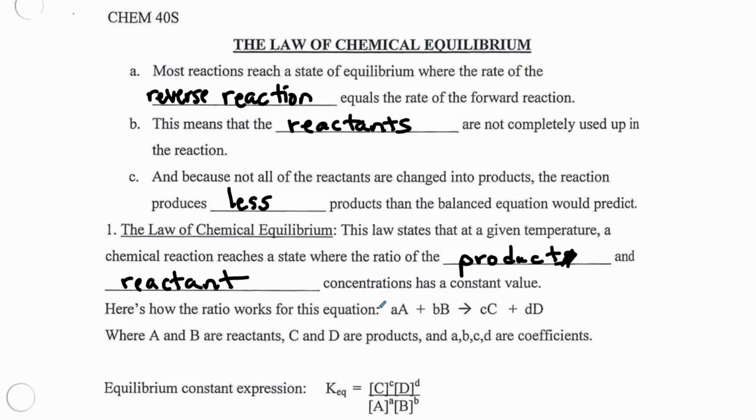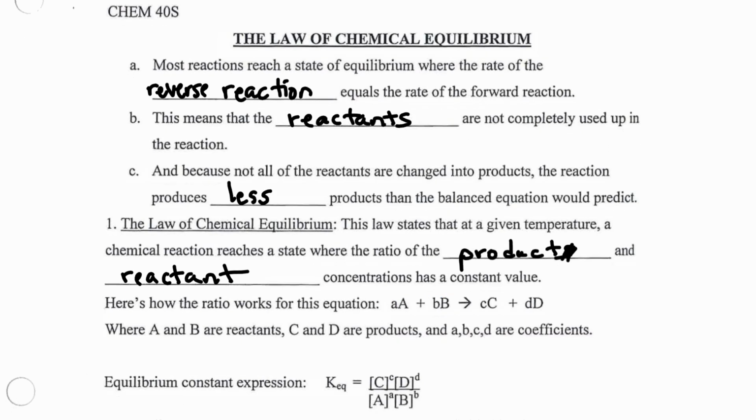So the formula that we're going to come up with here is to calculate a constant, and we call that constant KEQ. We do that by comparing the concentrations of the products to that of the reactants. So if we were to have a balanced equation in this format, here are reactants, here are products. The lowercase letters are the coefficients.